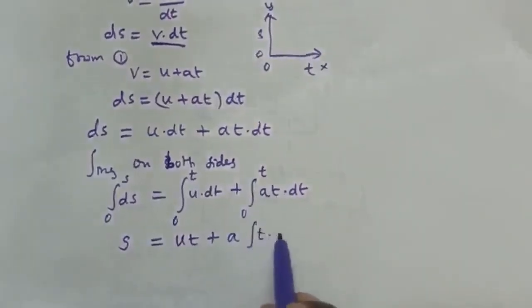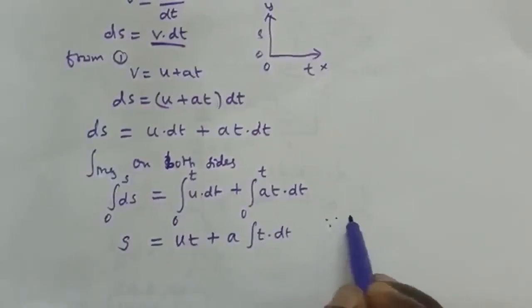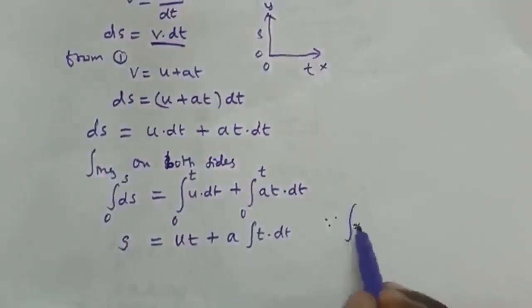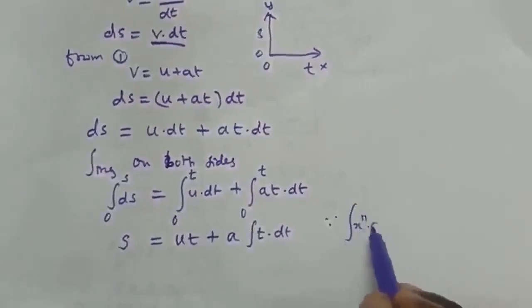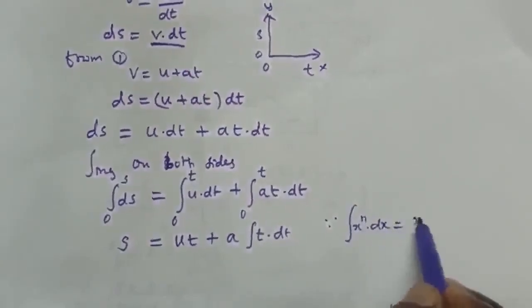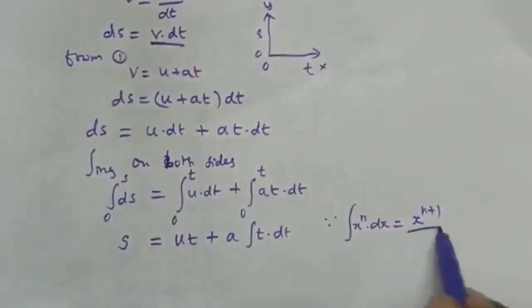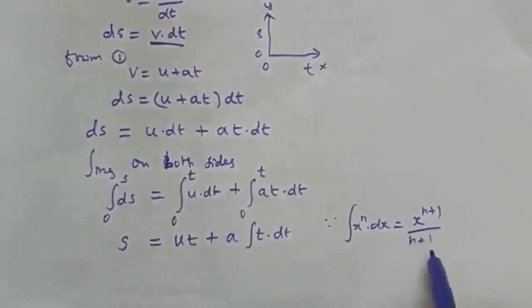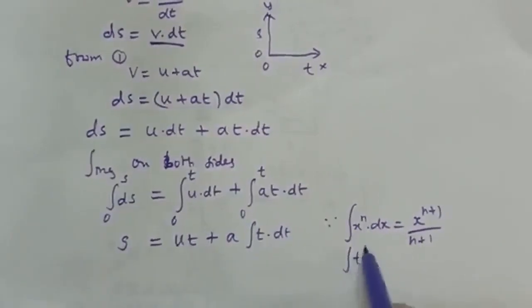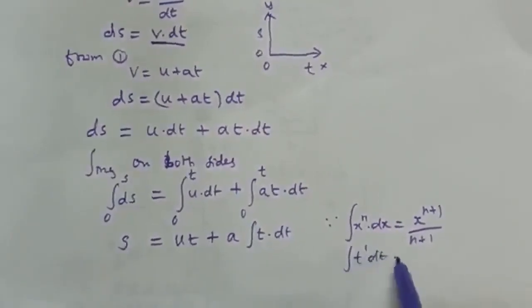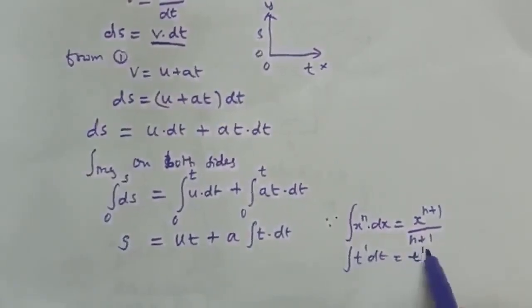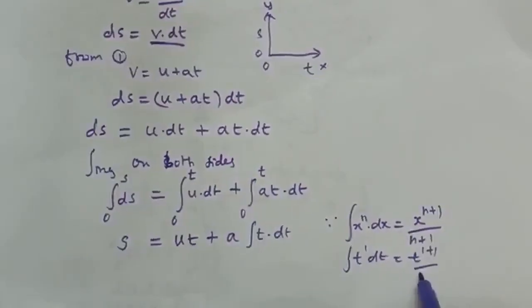t dt. Now tell me from the formula, integration of x power n dx is equal to x power n plus 1 divided by n plus 1. So here integration of t power 1 dt is equal to t power 1 plus 1 divided by 1 plus 1.